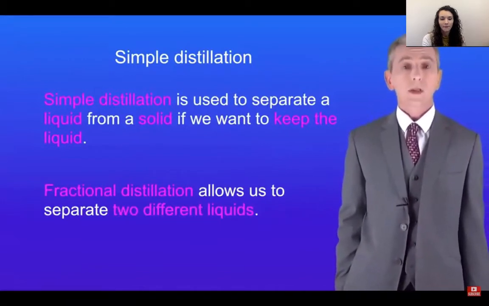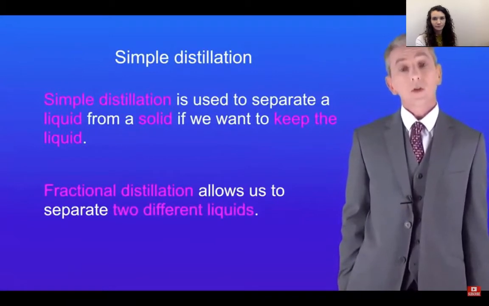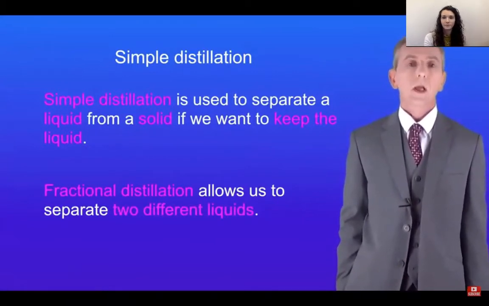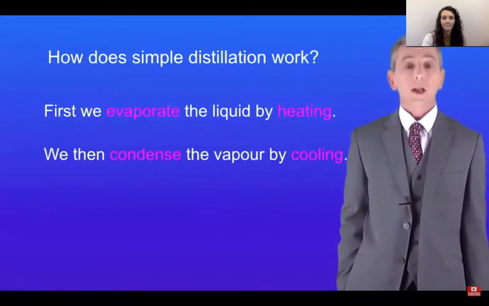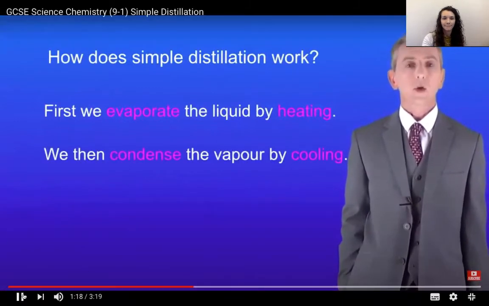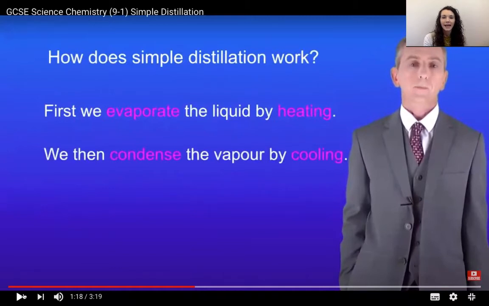So how does simple distillation work? Well, there are two stages to this process. First, we evaporate the liquid by heating. We then condense the vapor back to a liquid by cooling. Okay, so this is touching on what we were talking about last week. So when you heat a liquid, it will evaporate.